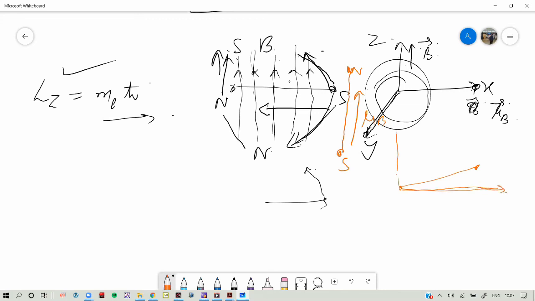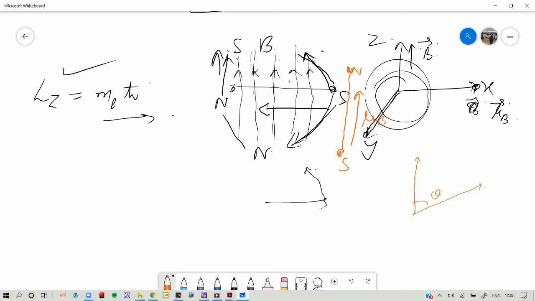so you resolve it into components. So this is the cos theta component, sorry, this is the cos theta component, if this is the theta with this. But for example, this is B and this is some dipole moment and it makes an angle theta.